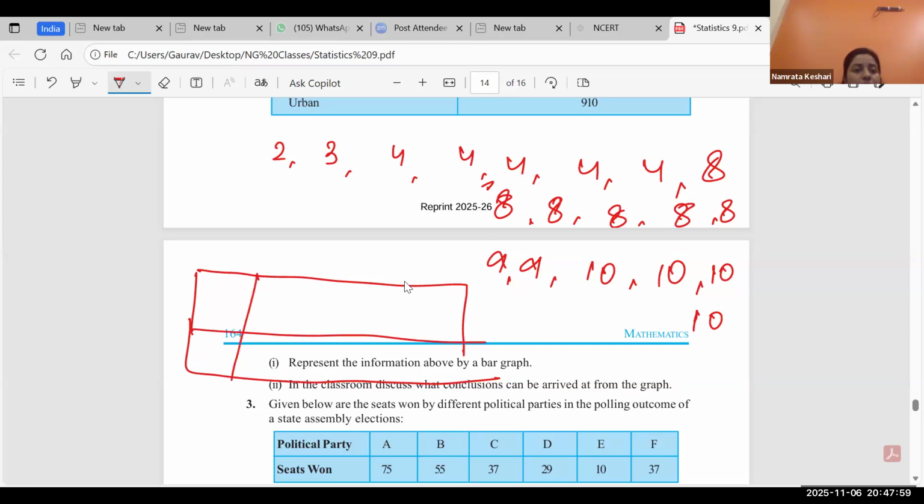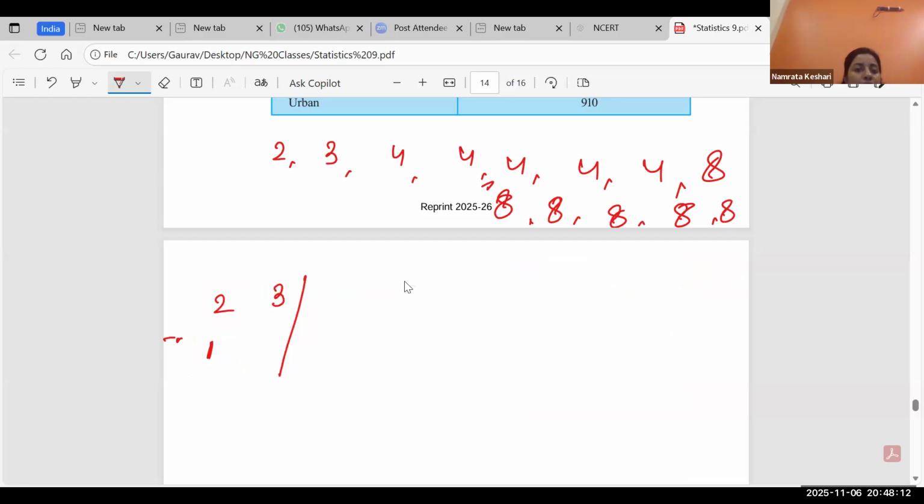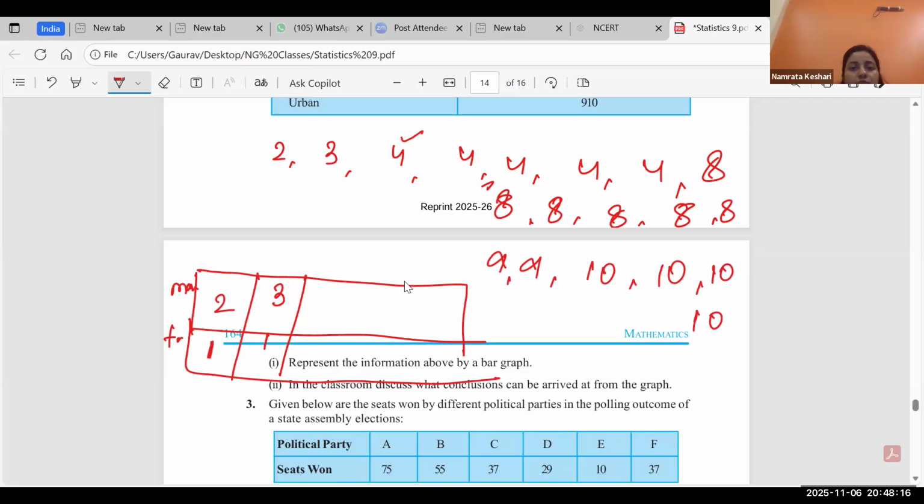Marks and frequency. 2 marks, how many students obtained 2 marks? 1. 3 marks, how many students obtained 3 marks? 1. 4 marks, how many students obtained 4 marks? 1, 2, 3, 4, 5 marks, right? Here it is still clear.